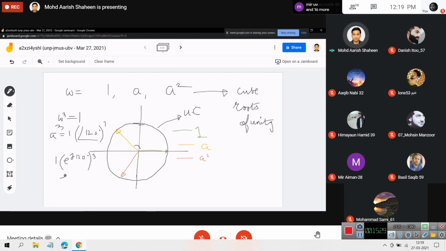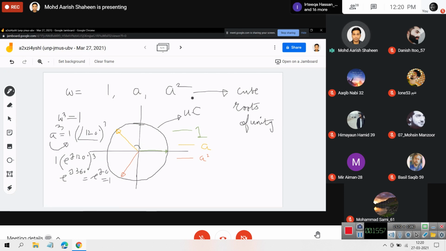So it will be e raised to power j120 ज़रबे 3, कितना हो गया? 360 degree. 360 degree is the same as 0. 360 degree means you have started from this point and you have reached again the positive real axis. So it is again equal to e raised to power j0, which is obviously equal to 1. So from this we can write immediately that A cube is equal to 1.